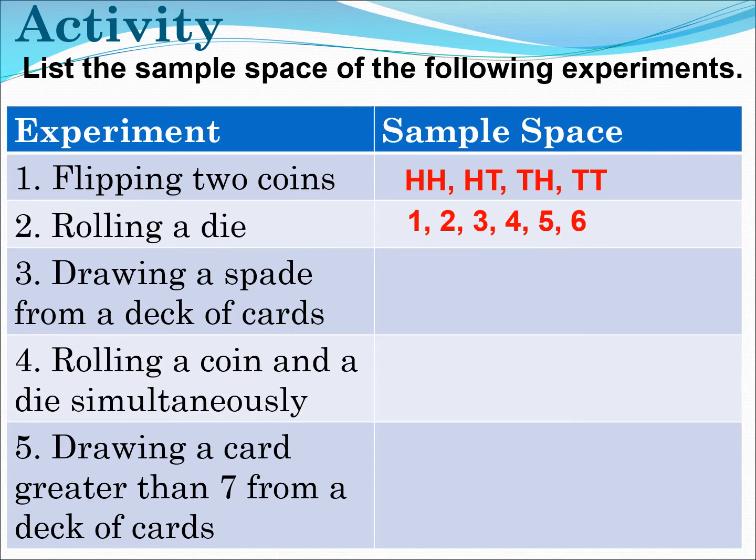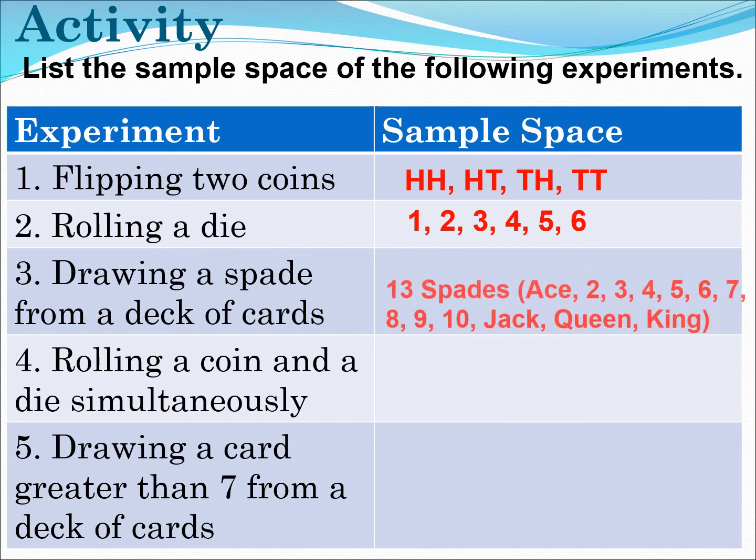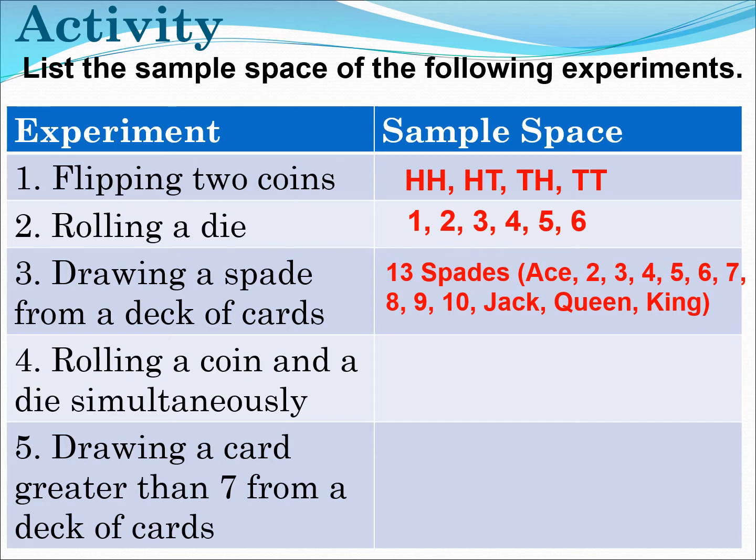And these 13 pieces are ace, 2, 3, 4, 5, 6, 7, 8, 9, 10, jack, queen, king. So drawing a spade from a deck of cards, what are the possible outcomes? These are the 13 spades: the ace, 2, 3, 4, 5, 6, 7, 8, 9, 10, jack, queen, and king.